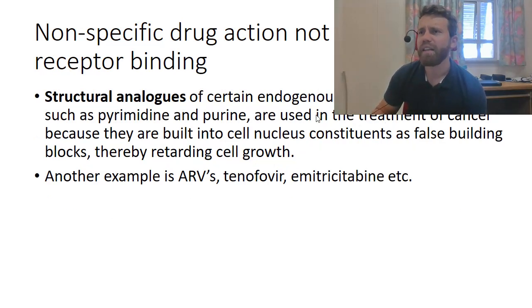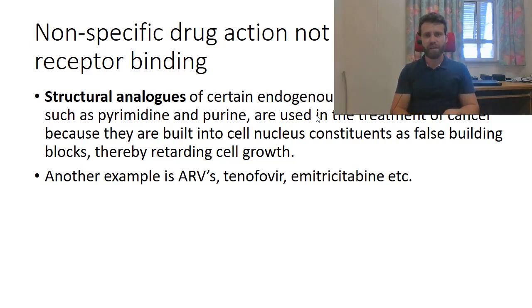And then we have antagonists that act, or not necessarily antagonists. Where was my plan with this? Of course, there are drugs that don't interact with receptors at all. They simply interfere with a process in the body in some way. My best example of this one is the ARVs. Not all ARVs, certain ARVs.